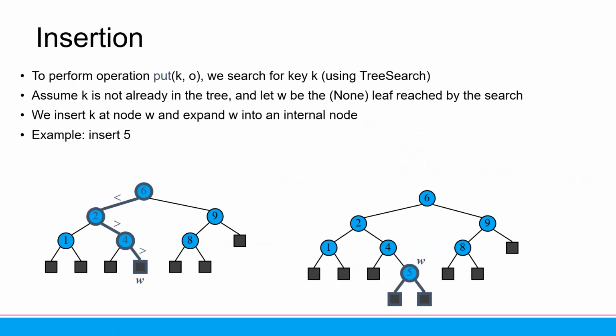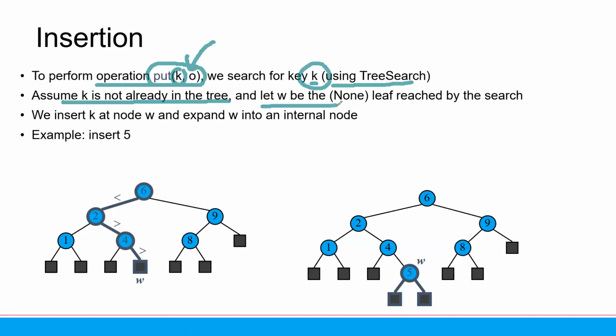Now, if we are going to add one value, let's say I'm going to put k comma o. So k is a key and then o is the object. And we are going to use the tree search. Assume that k is not already in the tree. So if I want to add k, but k is not in the tree. Okay.